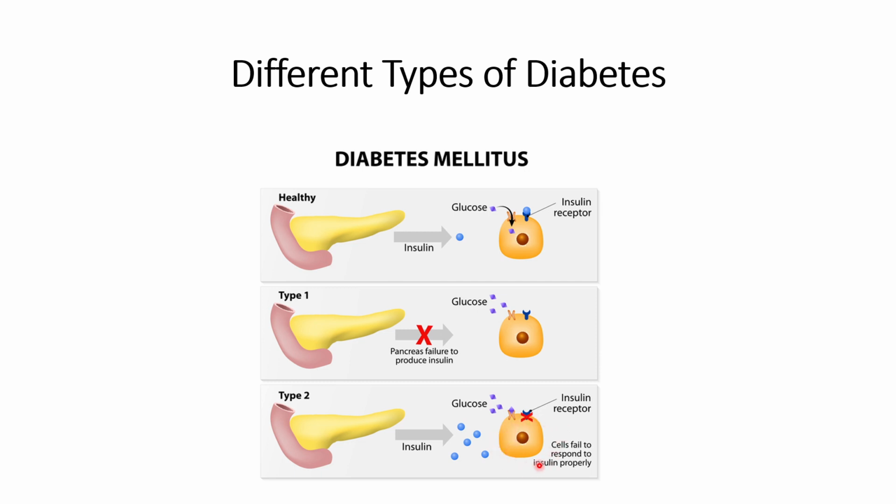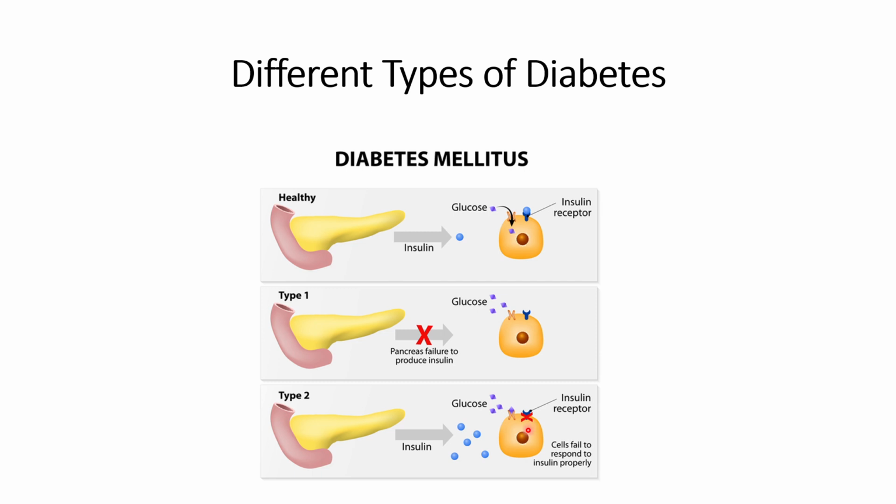This kind of thing can be improved by changing their lifestyle, so that the insulin receptor will become functional with an efficiency similar to that of a healthy person. And this type 2 diabetes can be reversed with a change in lifestyle.